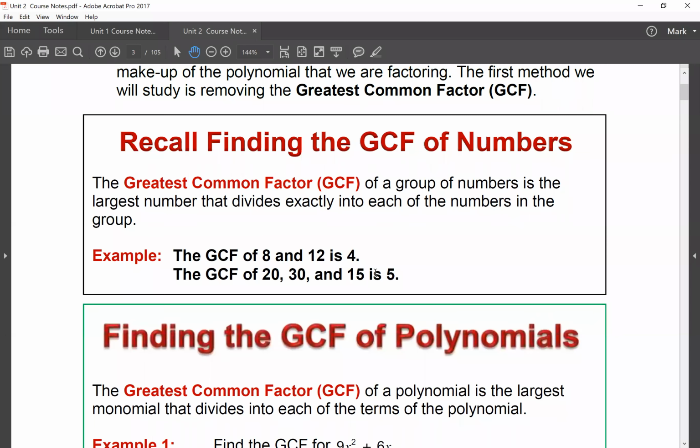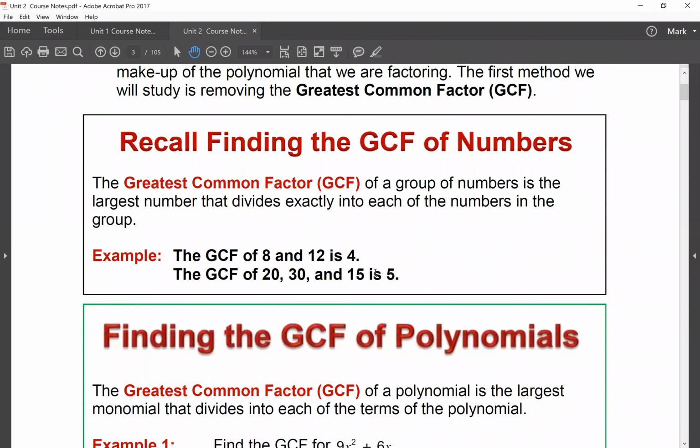Well, the GCF of a group of numbers is the largest number that is a factor of those numbers, which I know might not make a lot of sense. That's like defining a word by describing the words in it. But what I mean is it's the largest number that would divide exactly into the numbers in the group.